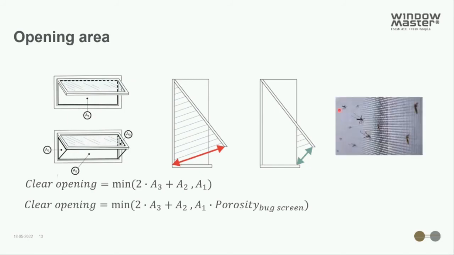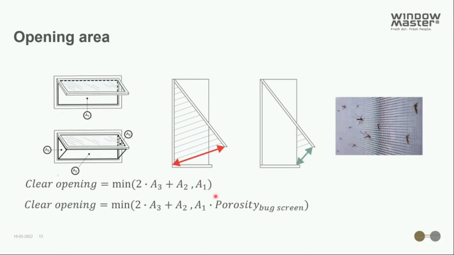Now, as I mentioned a little bit earlier, the discharge coefficient also takes into account the use of box screens in terms of the pressure losses. But box screens can actually also impact the clear opening of a window. This depends again on the relationship between the sum of A3, A2, and A1, because the box screen will usually be placed within A1.